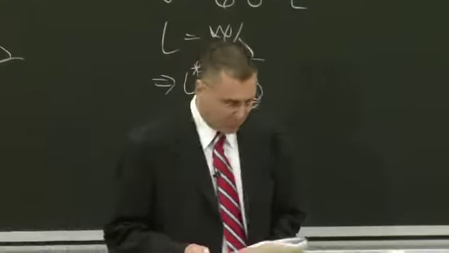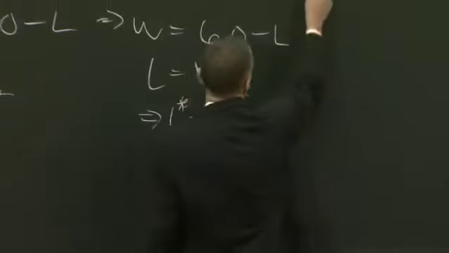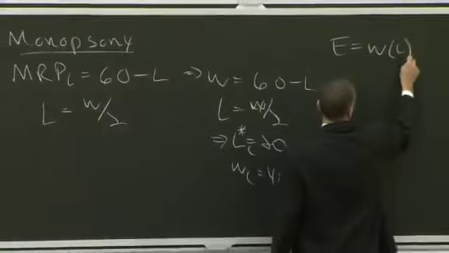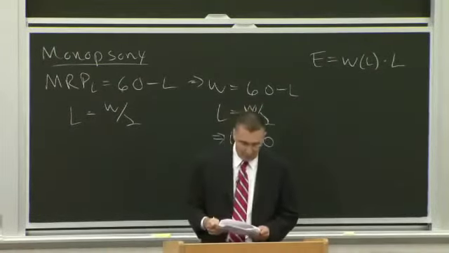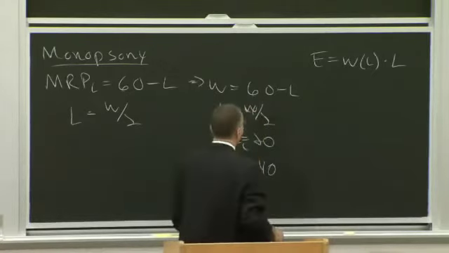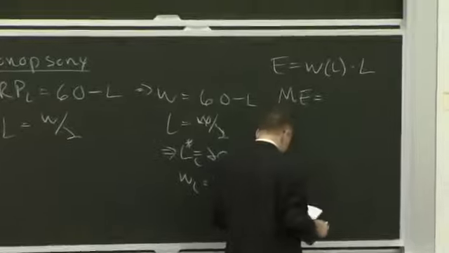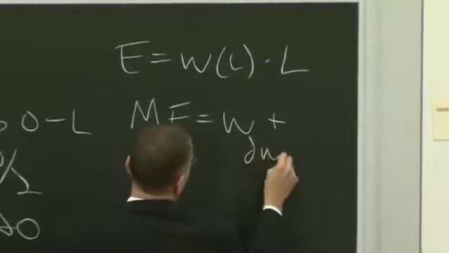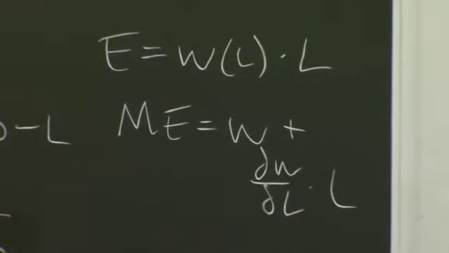Okay? So once again, to think about this, let's think about the firm's decision to hire an extra worker. Okay? Well, what is the firm's total expenditure on labor? Its expenditure on labor is the wage, which is a function of the amount of labor, times the amount of labor. That's the expenditure on labor. Okay? So its marginal expenditure, if you take the derivative, is going to be W plus dW/dL times L. That's its marginal expenditure.